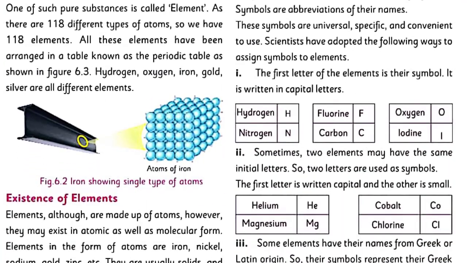One of such pure substances is called an element. As there are 118 different types of atoms, we have 118 elements. All these elements have been arranged in a table known as the periodic table, as shown in figure 6.3. Hydrogen, oxygen, iron, gold, silver are all different elements.